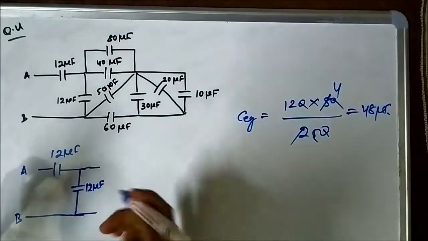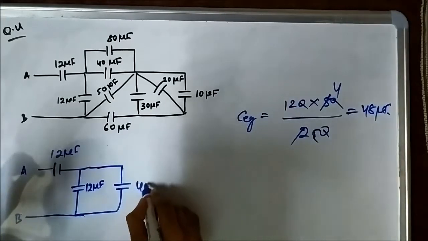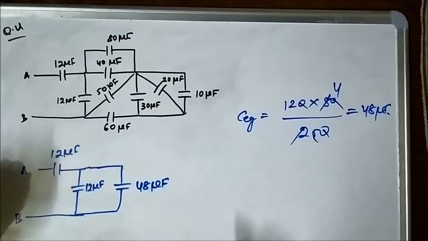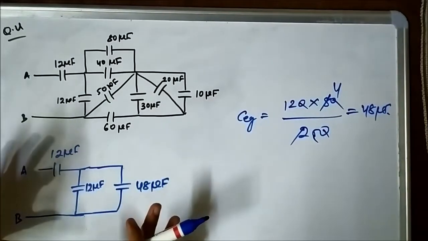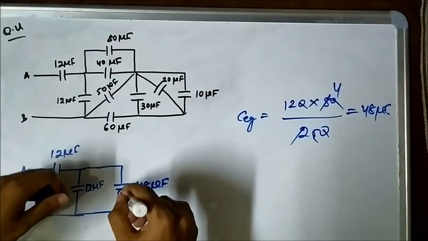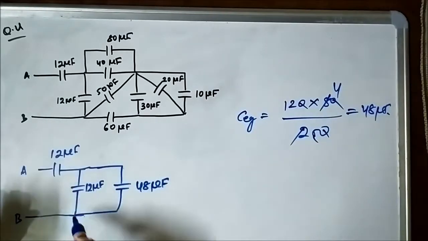So again, let us simplify the circuit and reduce it. This is 48 microfarad. Now again, this 12 microfarad and this 48 microfarad are in parallel across the points A and B, because both of them have their top ends connected at one common point and bottom ends connected at one common point.